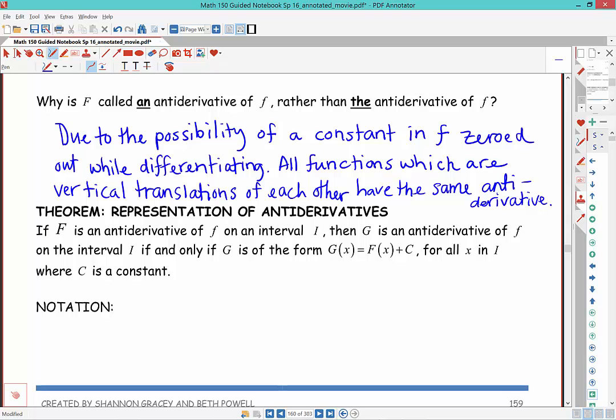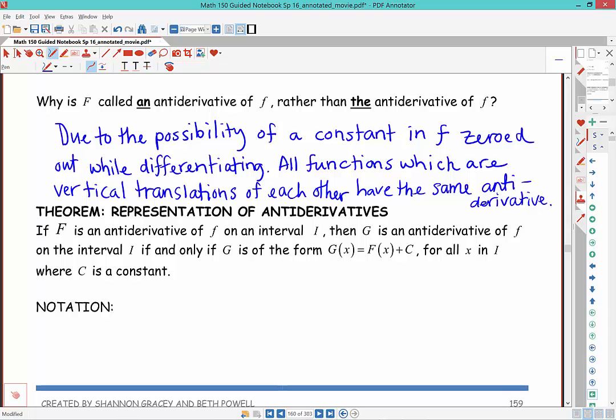So basically, an antiderivative can be anything that doesn't have this constant of integration added. But a complete antiderivative is when you have the antiderivative plus the constant of integration.